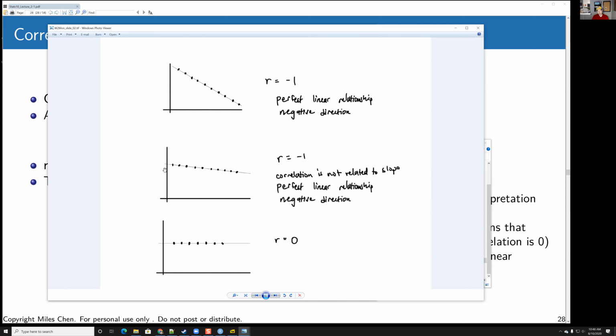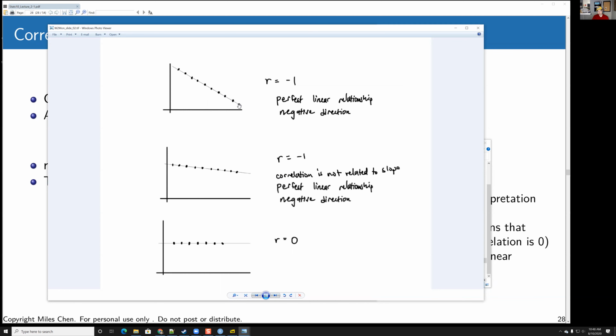And here is another plot where the slope is a lot more shallow, but all the dots are still in a perfect straight line. In both cases, the correlation is -1, because they're in a perfect straight line, so there's no scatter, a very strong linear relationship. And it's negative because in both cases the slope is downward: large x goes with small y, and small x goes with large y.